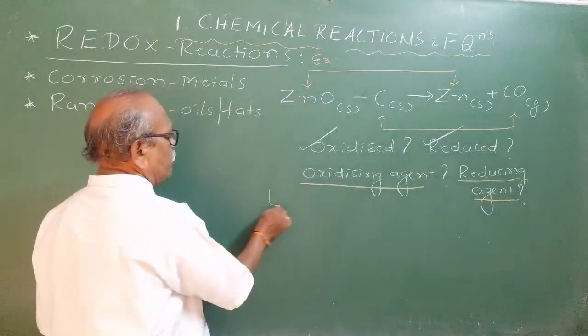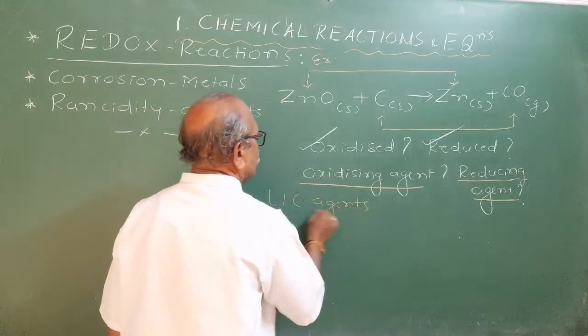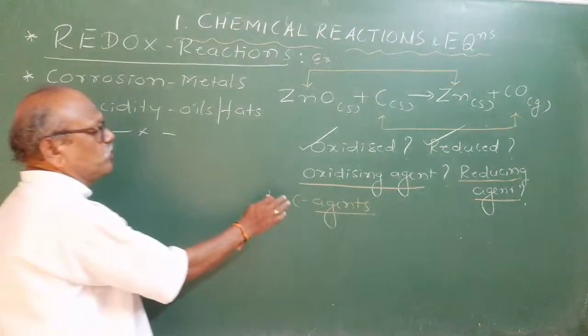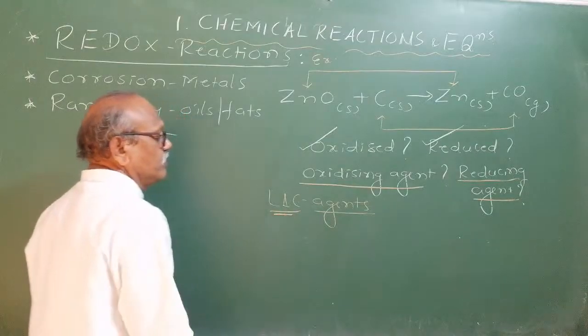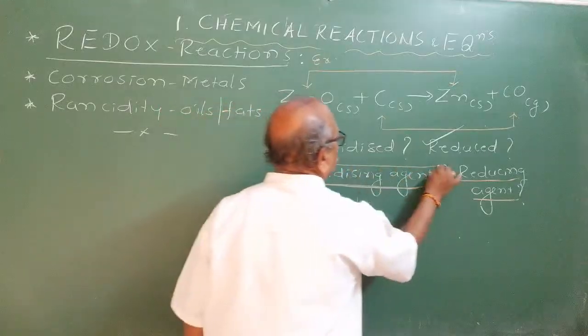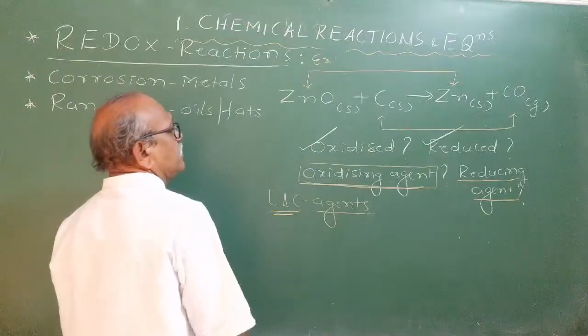You know, in daily life, what is an LIC agent? There are many agencies. What do agents do? Agents will support. An LIC agent will support you to get the LIC policy. Similarly, an oxidizing agent is the one which supports the oxidation. Observe here. Which is oxidized here?